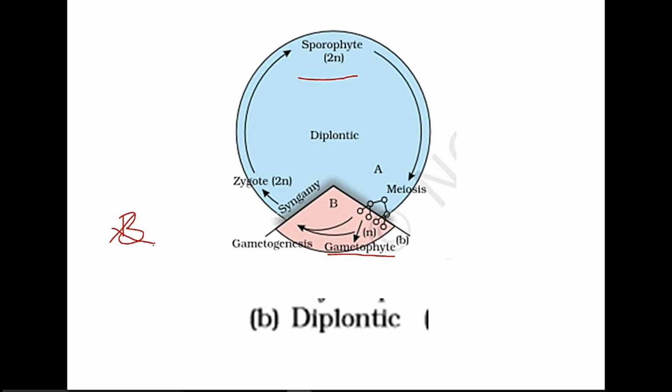Bryophytes are haplodiplontic. Always remember that bryophytes are haplodiplontic as they show both sporophyte and gametophytic stages. So what is a diplontic example? Just remember, as I said, it is Fucus. Yes, Fucus is a diplontic one. Example of diplontic is Fucus.